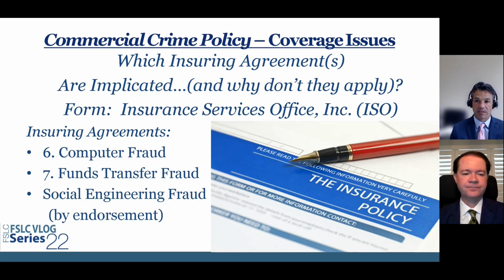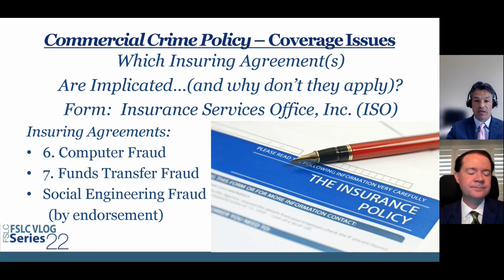The transfer must be by someone who's not authorized to do it, and they must actually make the transfer themselves. So in a social engineering context, it necessarily requires the duping of an insured employee, so it doesn't fit into the computer fraud definition.